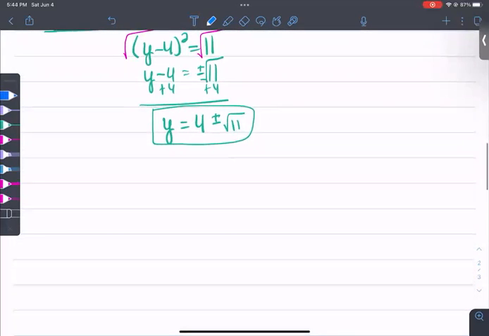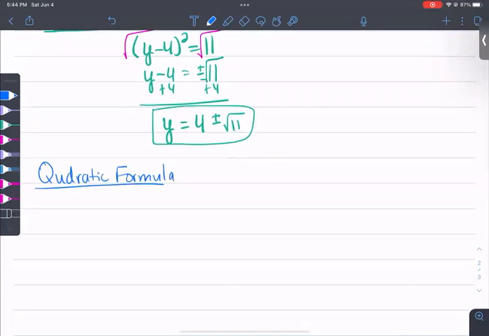Okay, another method we use with quadratics is the quadratic formula. So we have to use a quadratic in standard form for this.